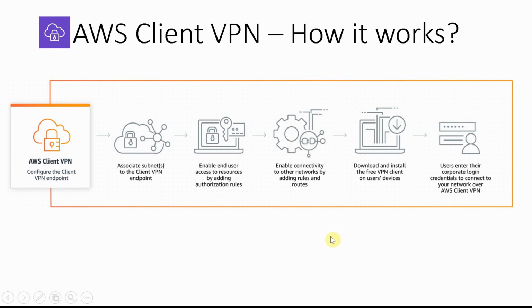As an admin, when any new employee comes to the organization, you have to do this step. Then you give the user ID, password, and the VPN IP details to the employee, and the new employee will download or install a free VPN client, and he can connect. That's all.